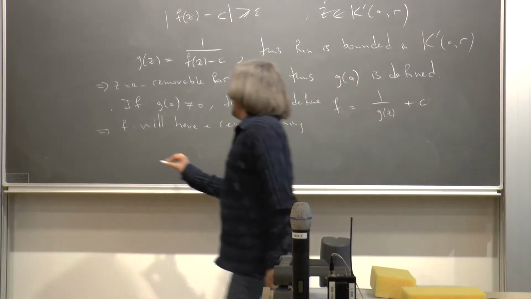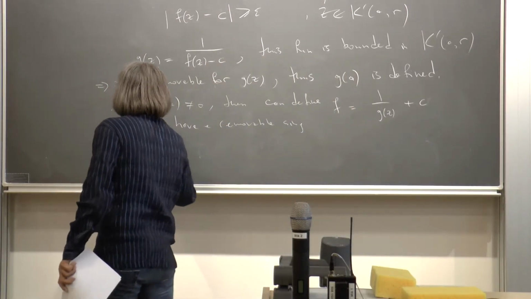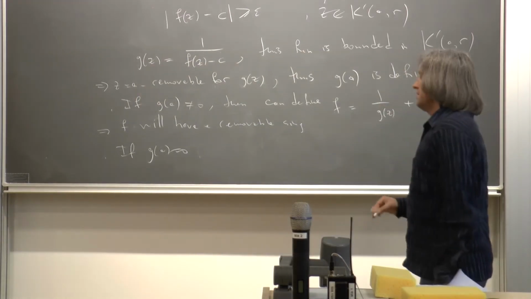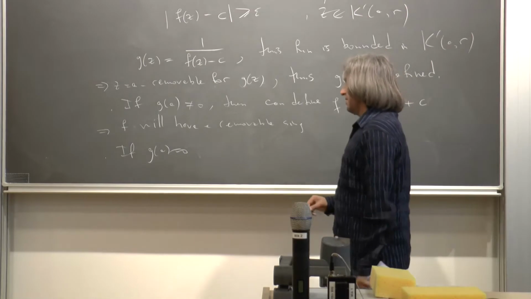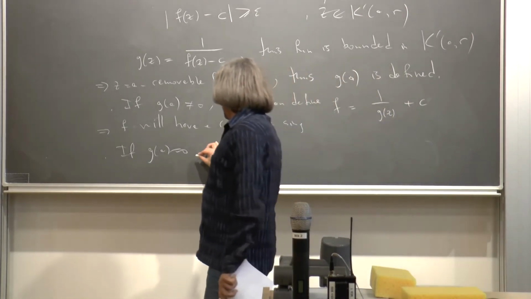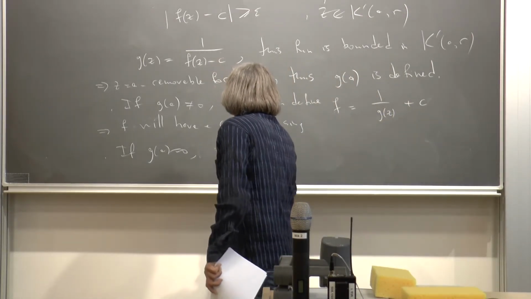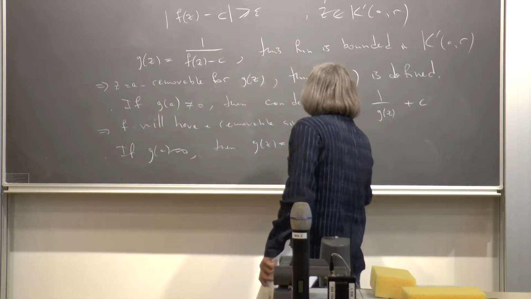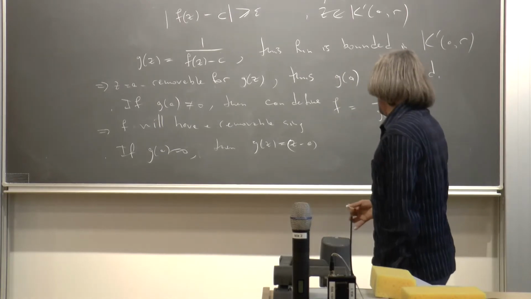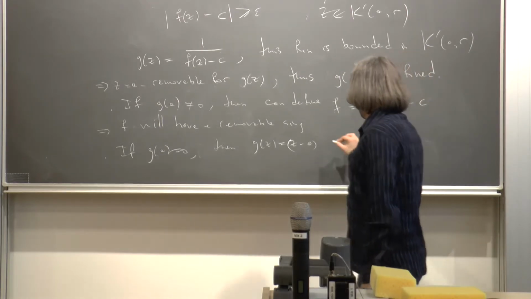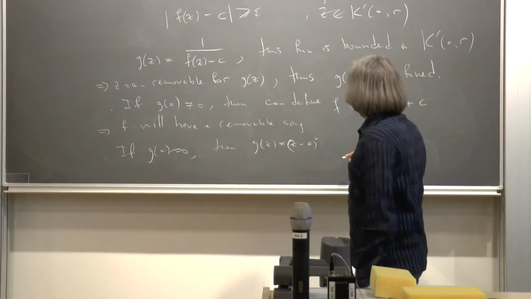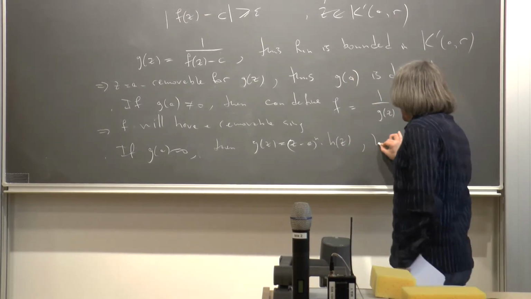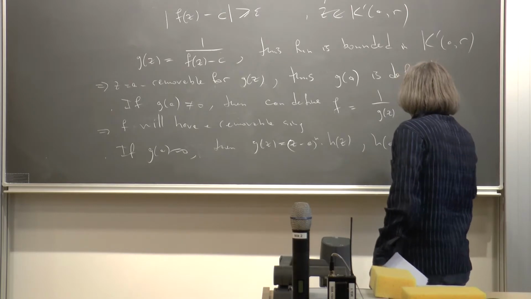or if g of a is 0, then of course we cannot divide in holomorphic functions. But then g of z is z minus a to some power n times h of z, where h of a is not 0.